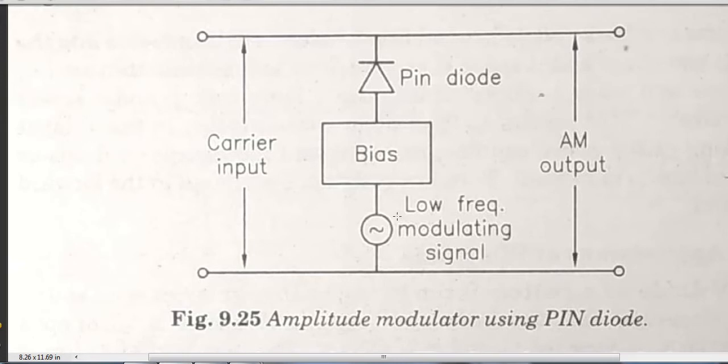So depending upon this, we will get the corresponding carrier output, and the amplitude of that carrier will definitely depend upon this particular modulating signal. So in this way, this PIN diode can also be used in an amplitude modulator circuit.